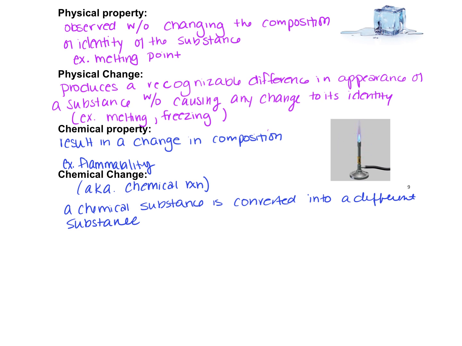This is a Bunsen burner. We see there's a flame here. And what's happening here is we have propane gas, which is C3H8, and it reacts with oxygen gas, and it forms CO2 and water. So this is a chemical equation. It's helping us see the chemical change.